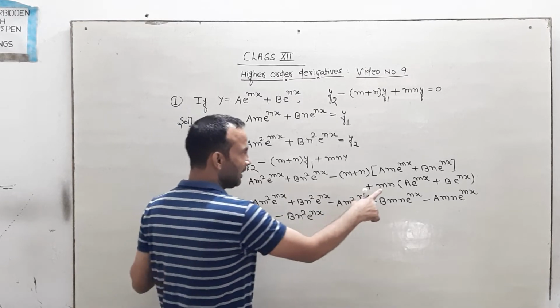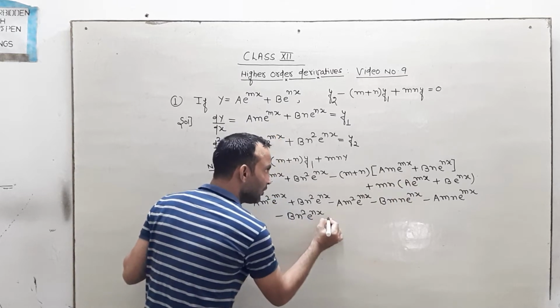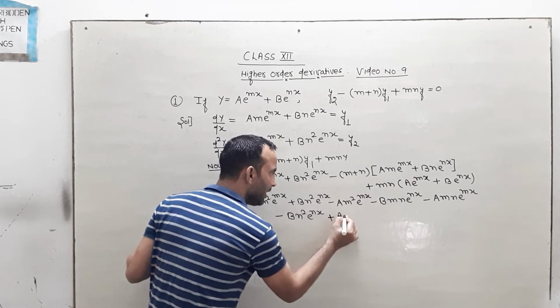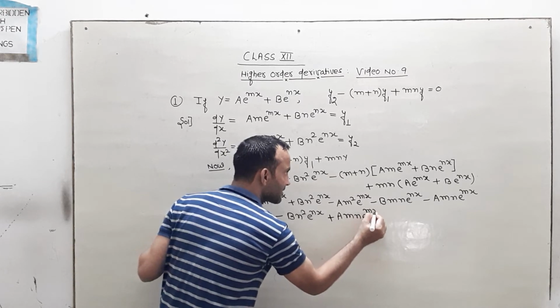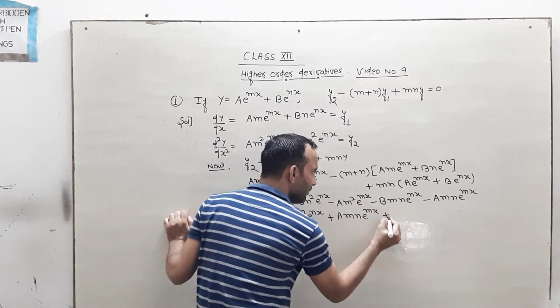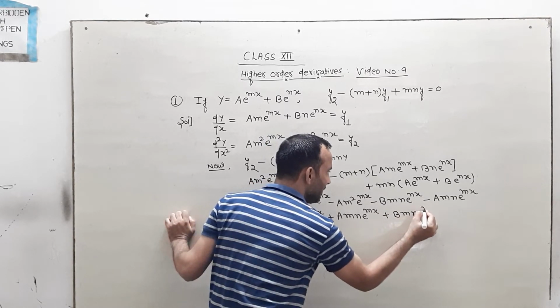After that, here mn when multiplied with a e raised to the power mx, we obtain a m n e raised to the power mx plus b m n e raised to the power nx.